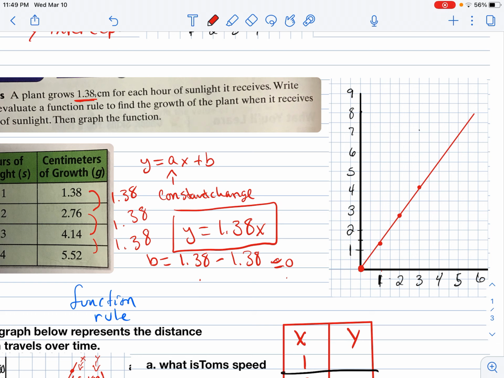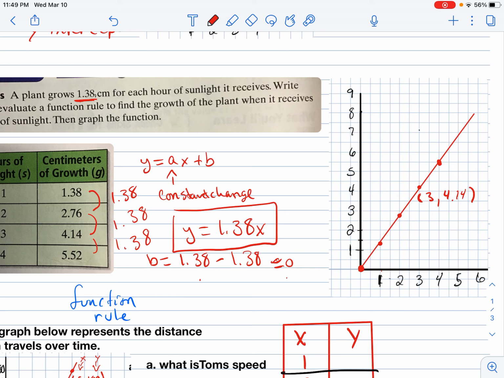Okay, and at 4, this should land real close to 5.5, and it does. Okay, so there we've graphed our points. We're using these as our coordinate points. So this would be 3 and 4.14, and so on.